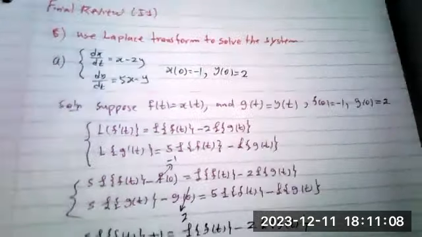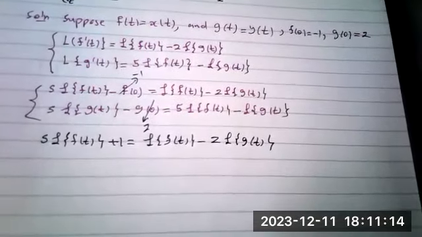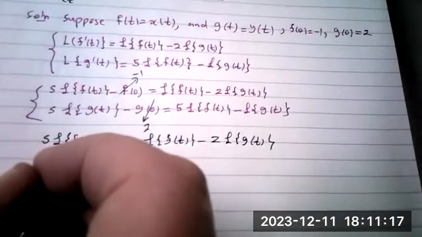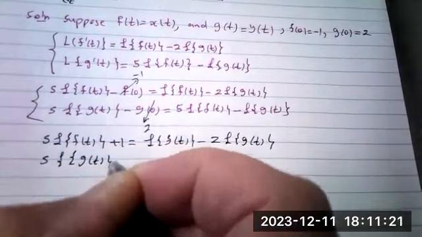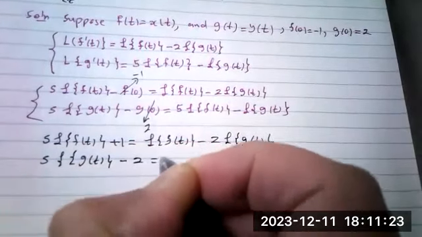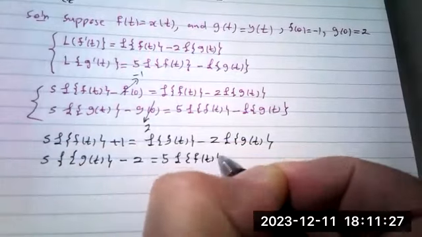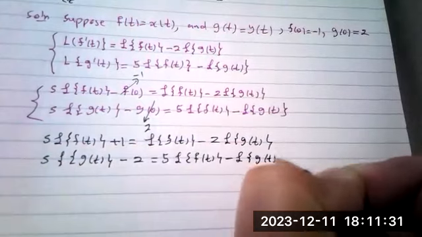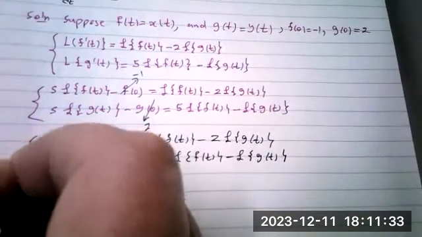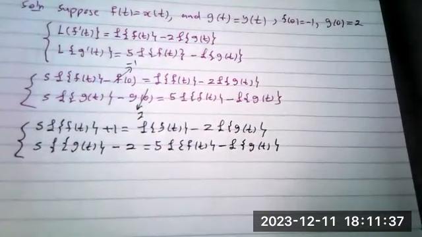For the second part, s Laplace of g of t minus 2 equals 5 Laplace of f of t minus Laplace of g of t. Put them together and write it as a Laplace transform system.